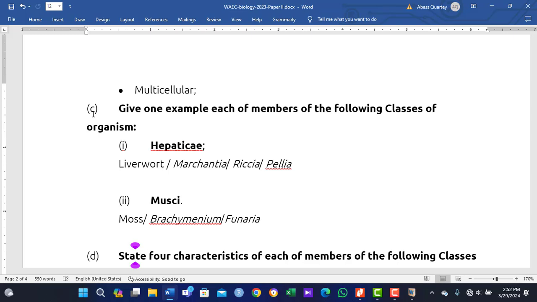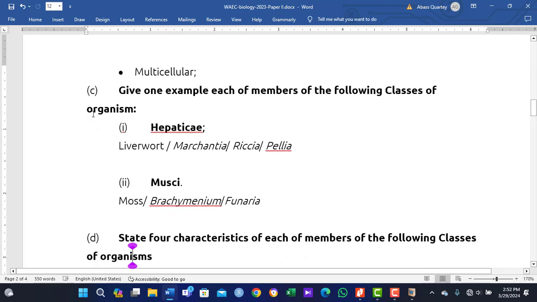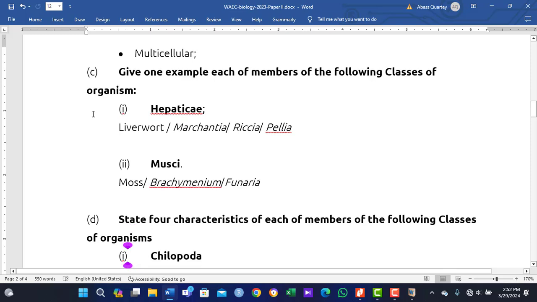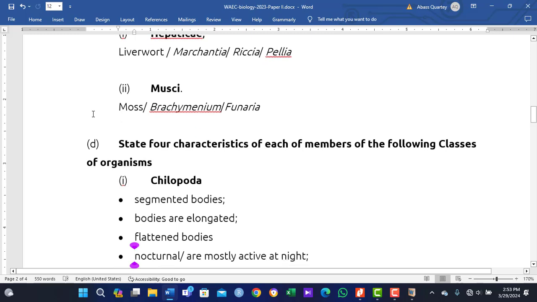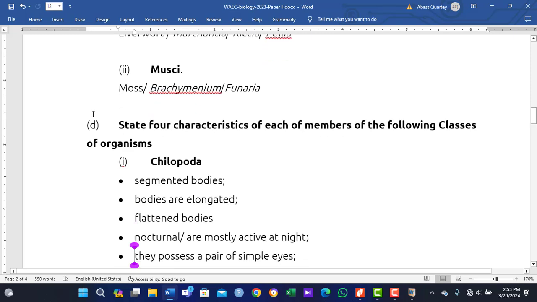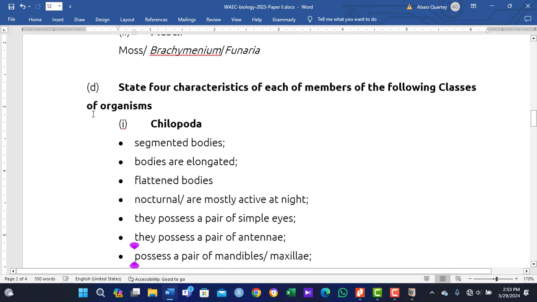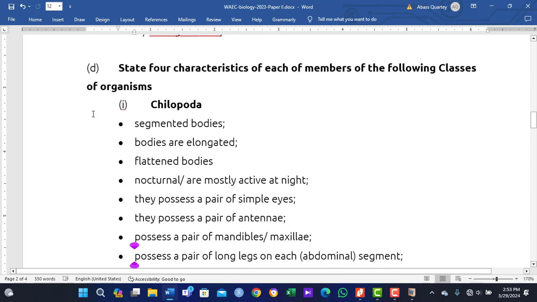Then we come to D. State 4 characteristics of each of the members of the following classes of organisms. We have Chilopoda. With Chilopoda, the animals here are arthropods, right? The arthropods have segmented bodies.